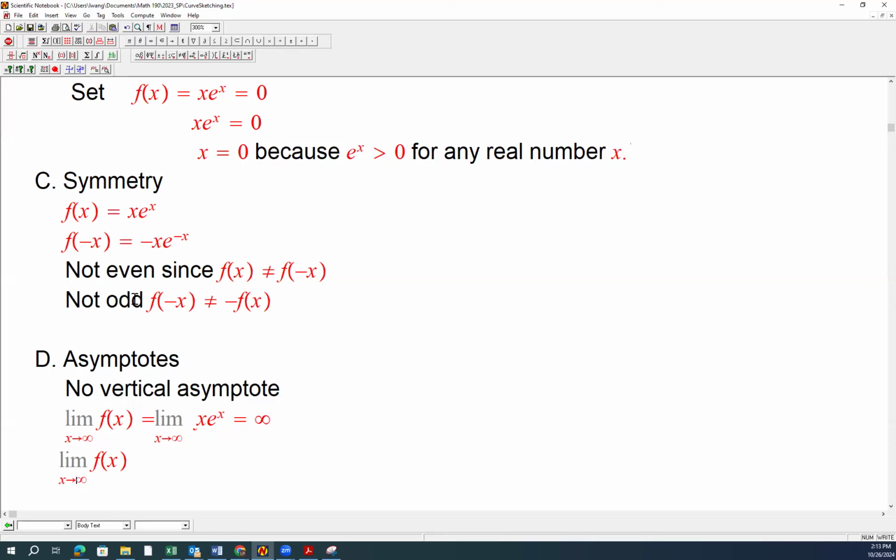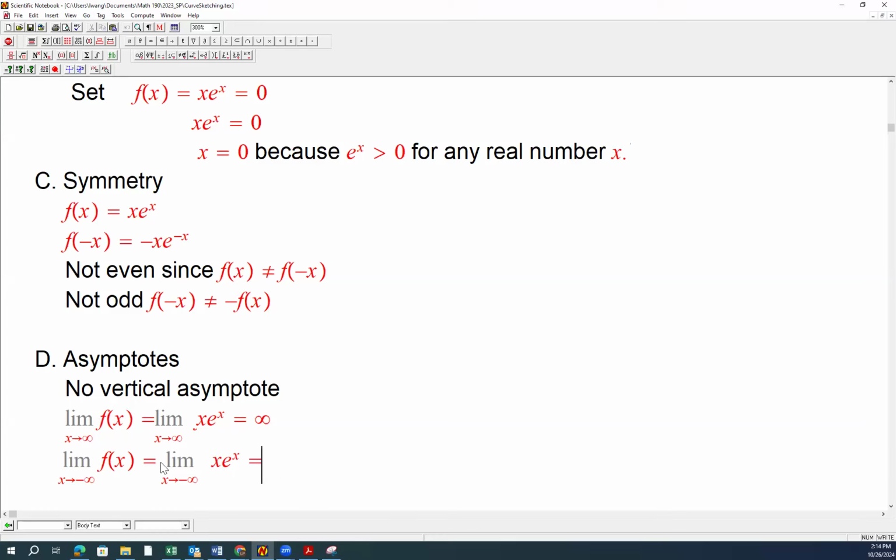When x is approaching negative infinity, we get x times e to the power x. This piece, e to the power x, is going to be approaching 0, while x is approaching negative infinity.